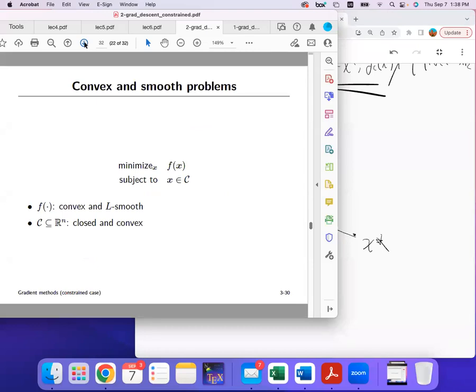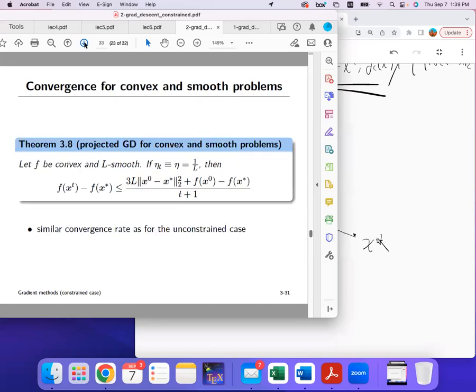Okay, and so this is the result for strongly convex problems. But for convex and smooth problems, we also have a different convergence guarantee. If we drop strong convexity, we can only show that the objective value decreases at a sublinear rate.